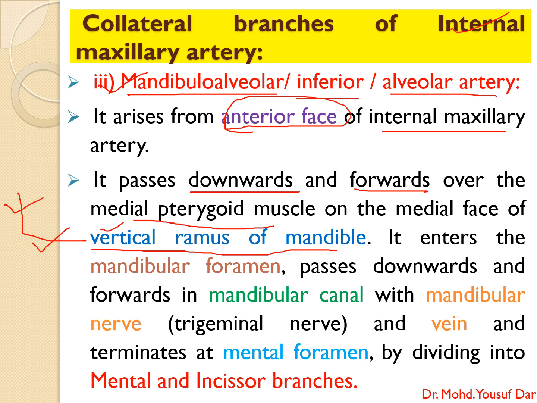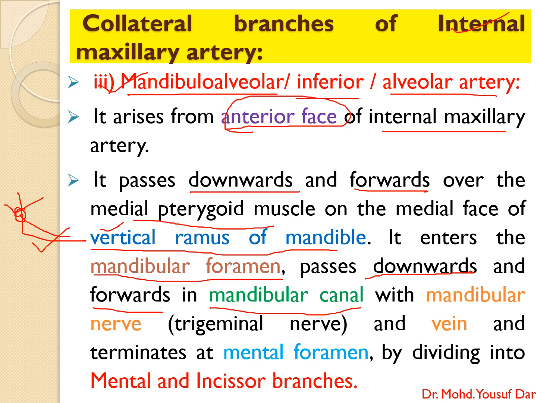Then here it enters through a foramen known as the mandibular foramen, which is present on the medial aspect of the vertical ramus. Then it passes downwards and forwards in the mandibular canal. So the foramen is here, and from there the canal forms, known as the mandibular canal.